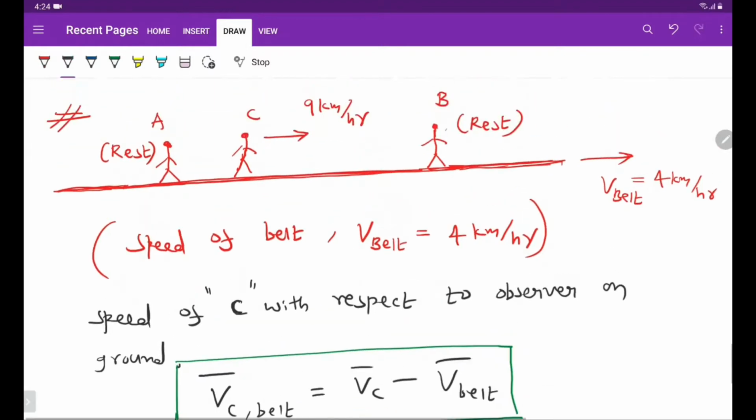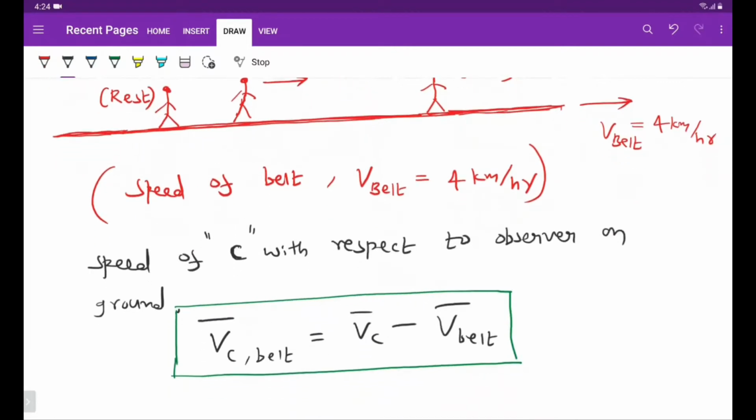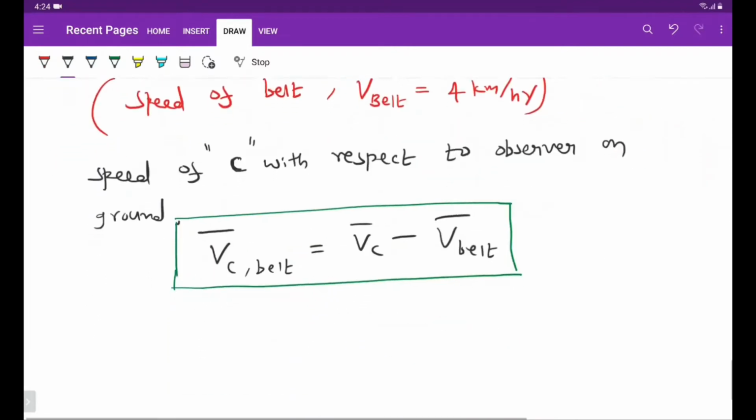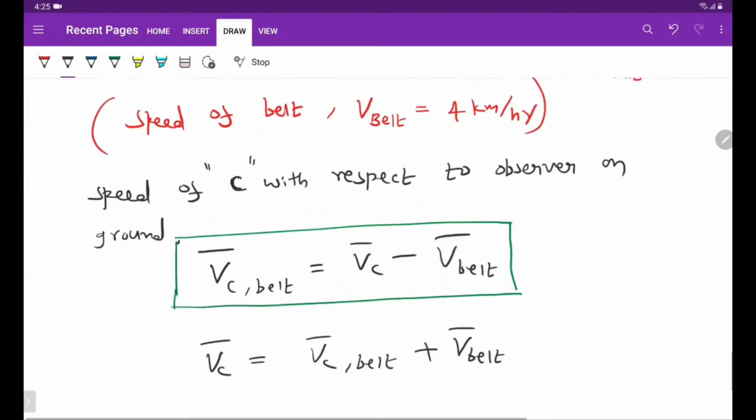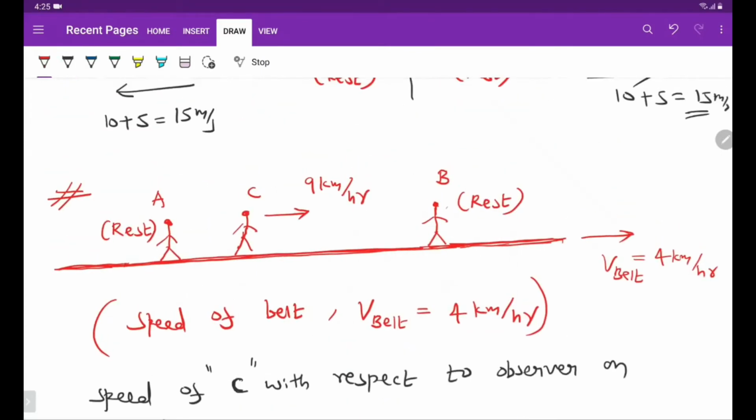So velocity of C with respect to belt is equal to velocity of C minus velocity of belt. So we want the velocity of C. Velocity of C is equal to velocity of C with respect to belt plus velocity of belt.